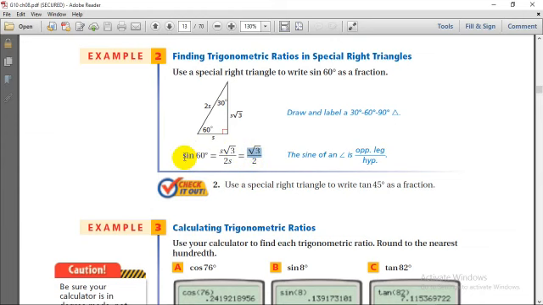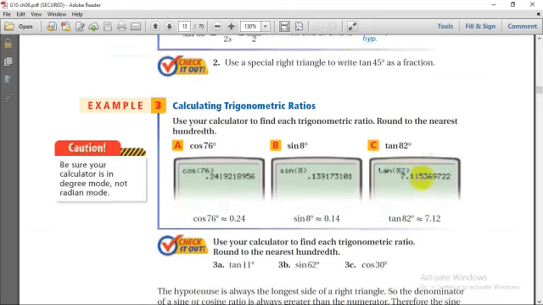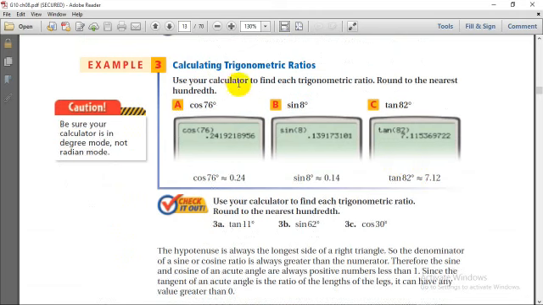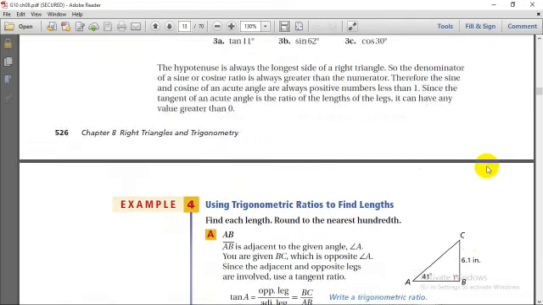Because the sine is opposite, which is s square root 3, over the hypotenuse, which is 2s. If you simplify this, you will find square root 3 over 2. And of course, use your calculator to get the cosine of 76, approximated to the nearest hundredth.